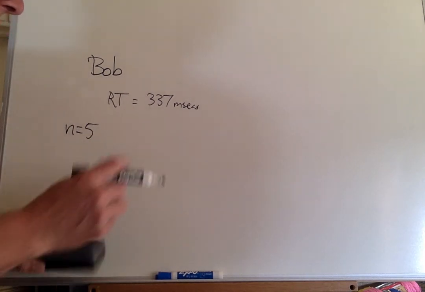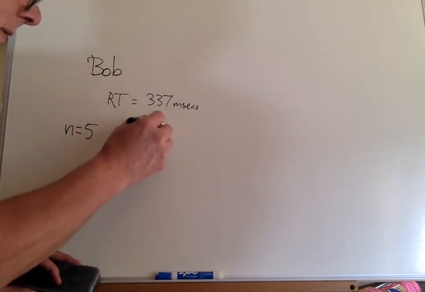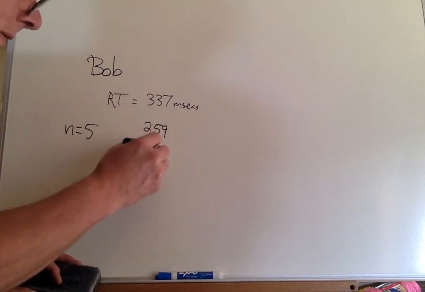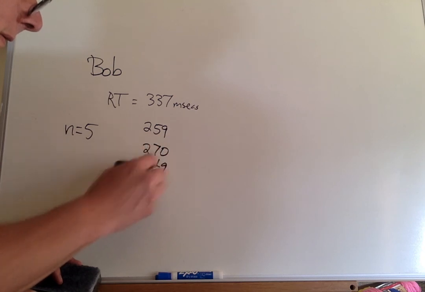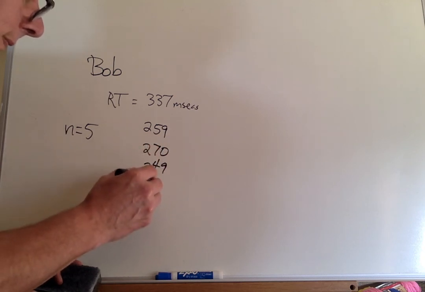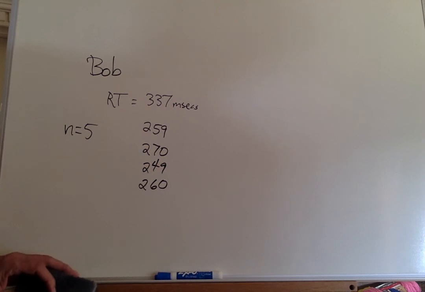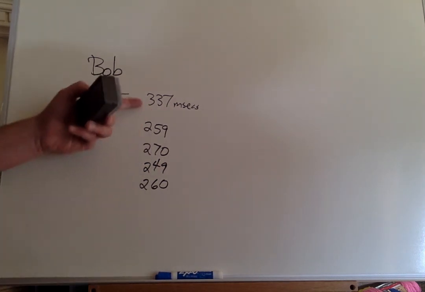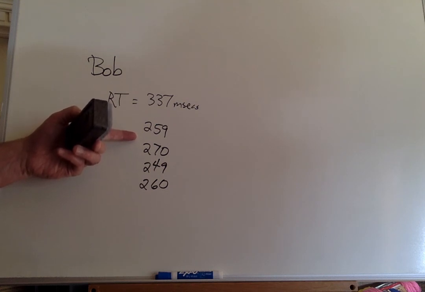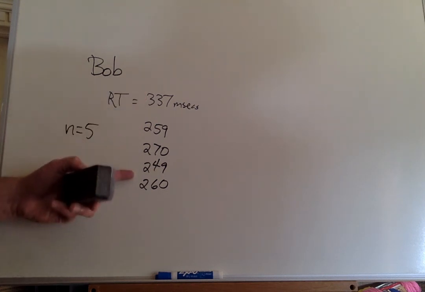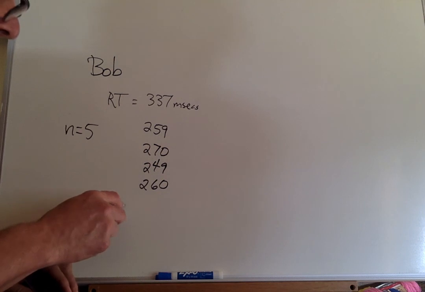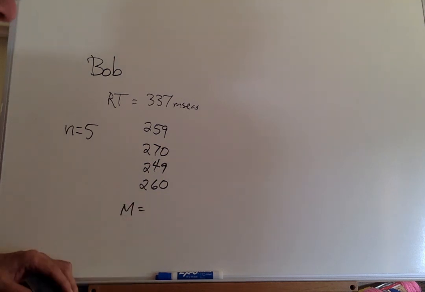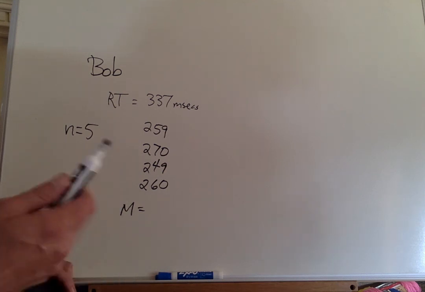If Bob's reaction time looked like this, I'd be like, wow, okay, that was an outlier. That was something weird that was happening with Bob. And so it's a good thing we have this. And now if I did the mean for all 5 of these, I would be more confident in my guess. Okay? This is how it works.